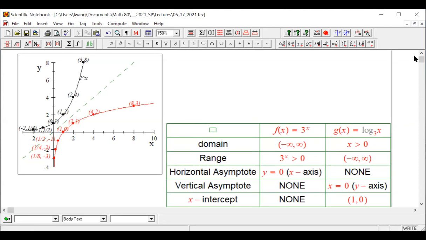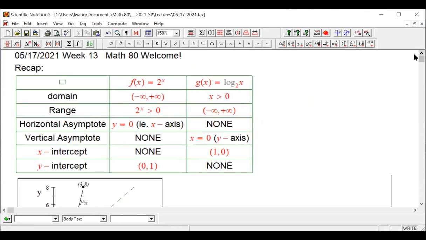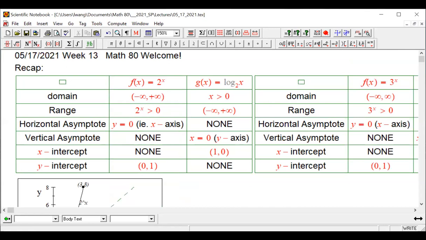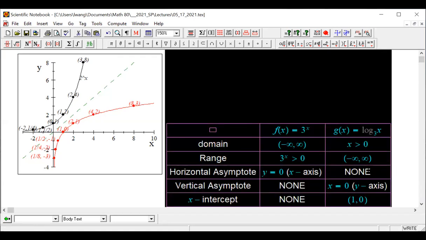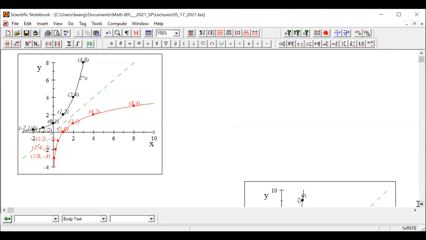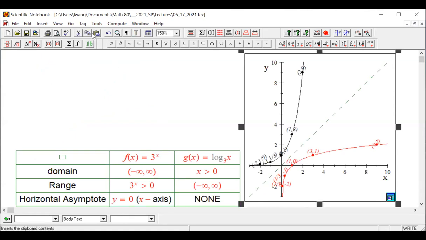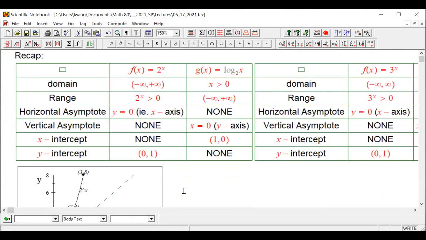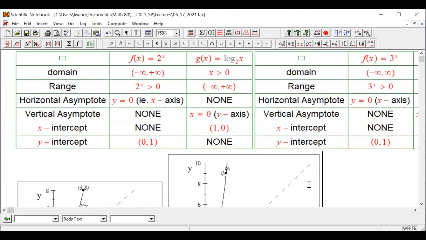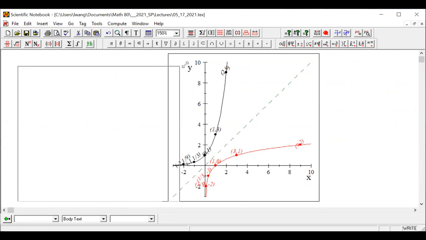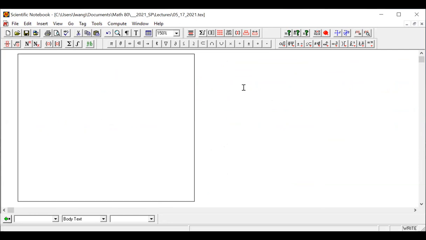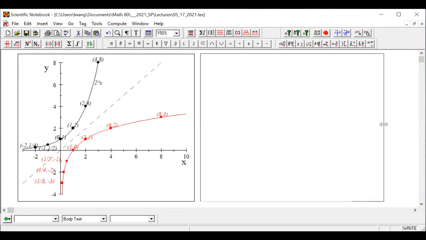Hold on, let me do this. Tables side by side. Pictures side by side. How about that? I want you to compare. Please compare.